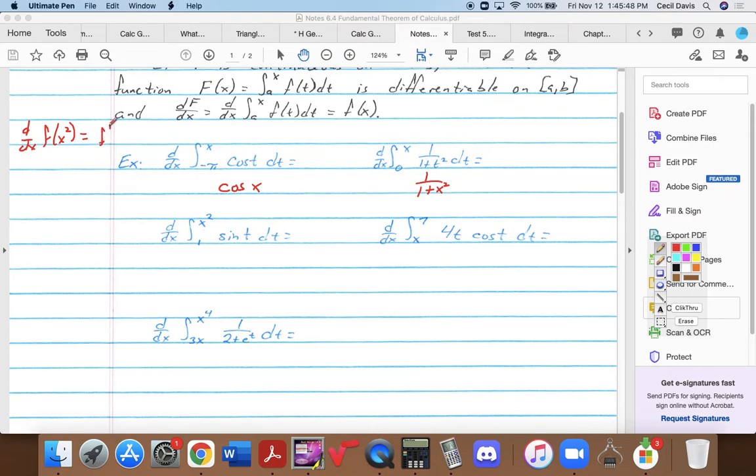We would have f prime of x squared times 2x. We're going to do the same thing here. We're going to do the derivative just like we normally would, so it would be sine of x squared times the derivative of x squared, which is 2x. Not so bad, huh?